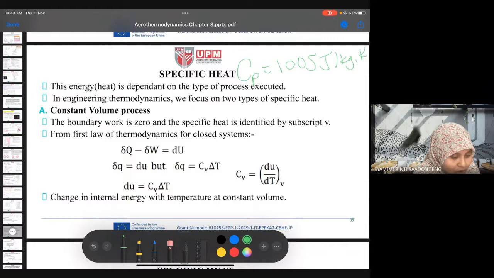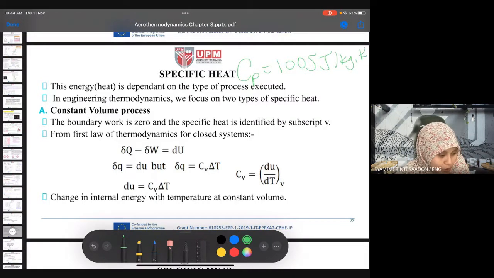This is also a constant parameter other than R. So specific heat measures the amount of energy that needs to be given to the substance in order to increase 1 kilogram of mass of the substance by 1 Kelvin or 1 degree Celsius.